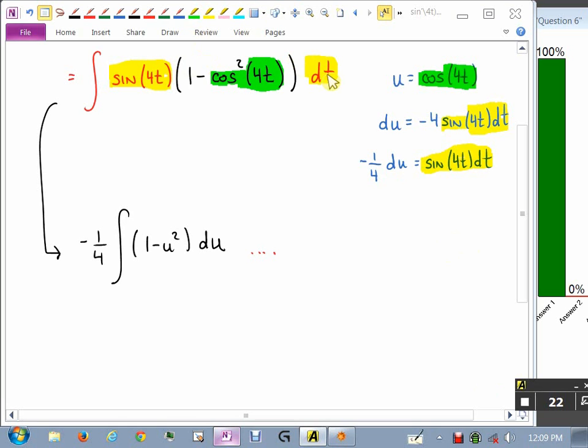If you follow the technique you're being told to follow, start with an odd power of sine, factor out one factor of sine, this substitution will always work. So you can rest assured that its derivative will be there, right? But that's only if you have sine to an odd power. If that doesn't happen, then you have to do something else, like the next problem.